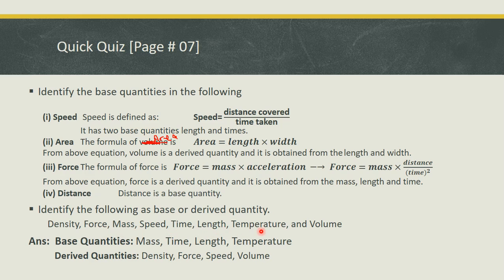The easiest way to remember which are base quantities and which are derived quantities is to remember only the 7 base quantities. When you remember these 7 base quantities, you don't need to remember the derived quantities, because everything other than these 7 is a derived quantity.